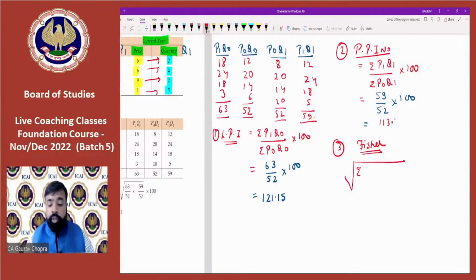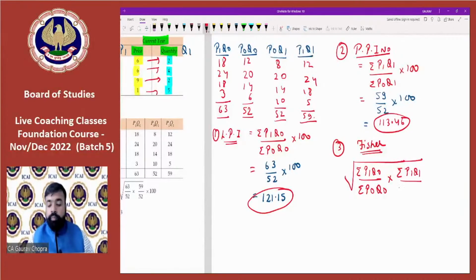Yes, so 113.46 is for Paasche price index number. Now Fisher. So sigma P1 Q0 upon sigma P0 Q0 multiply by sigma P1 Q1 upon sigma P0 Q1, and then multiply by 100.